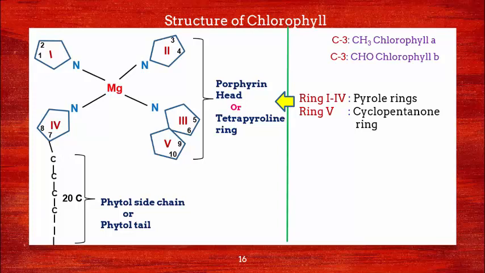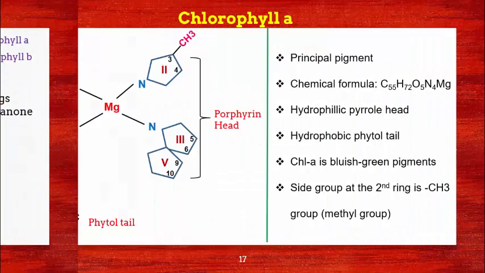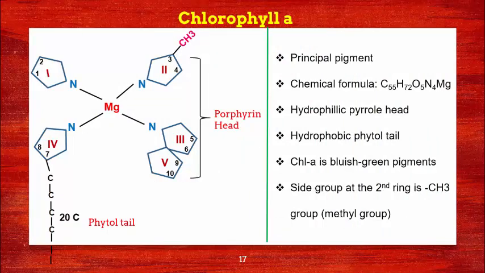So students, the most important thing in chlorophyll structure is that magnesium is in the center and 4 pyrrole rings are attached to this magnesium. Carbon 3 of the second ring has different functional groups, either a methyl group or an aldehyde group. So students, we have to remember only these important things about chlorophyll structure.